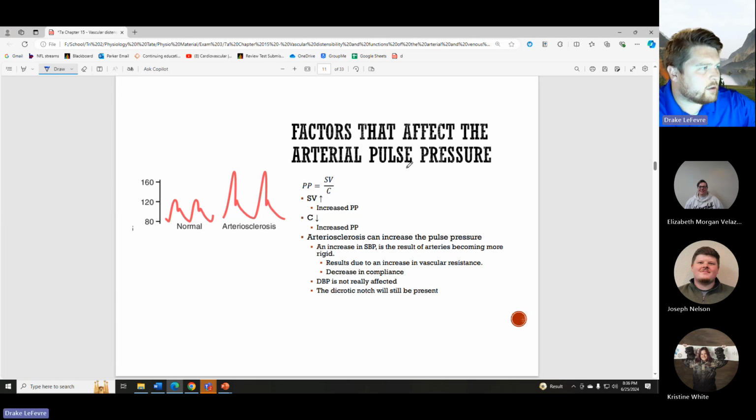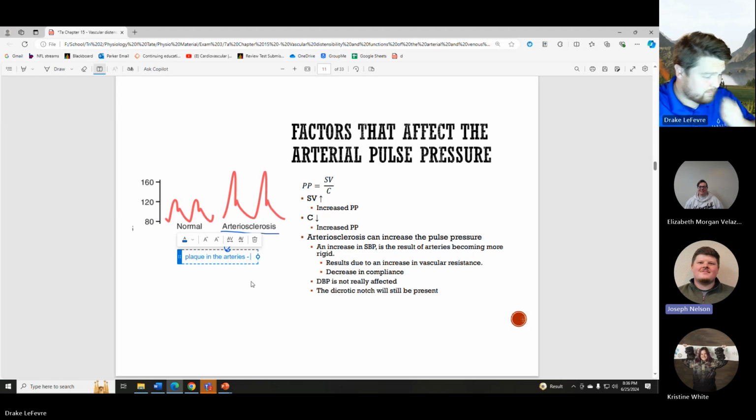Factors that affect the arterial pulse pressure: normal arteriosclerosis. What is arteriosclerosis? Plaque in the veins and arteries. So plaque in the arteries. If we have plaque buildup in the arteries, is that going to make the vessel move easier or make it more difficult for it to expand? Harder to expand.